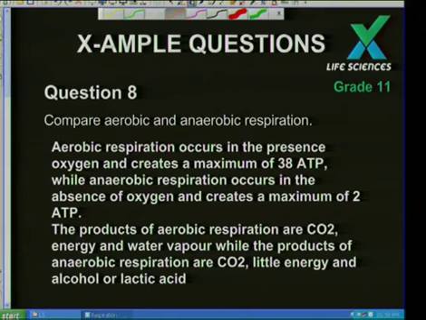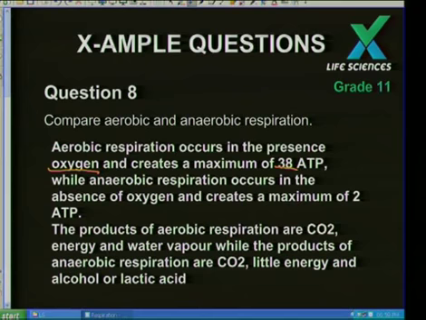Aerobic respiration occurs in the presence of oxygen and creates a maximum of 38 ATP. So two things we're talking about: when does it take place and what does it produce? While anaerobic respiration occurs in the absence of oxygen and creates a maximum of 2 ATP. Then we can go further.